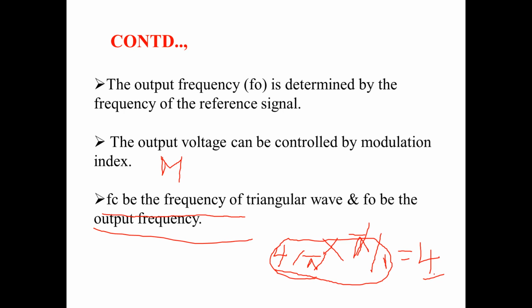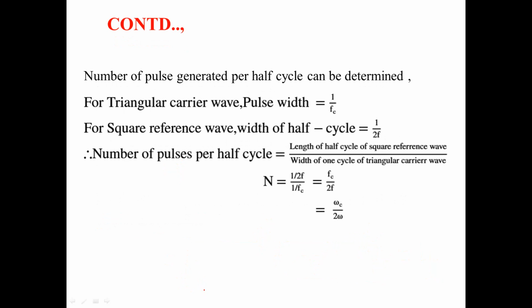For the triangle wave the period will be 1 by fc, and for the square wave the width of the half cycle will be 1 by 2f. So the number of pulses generated per cycle can be determined.